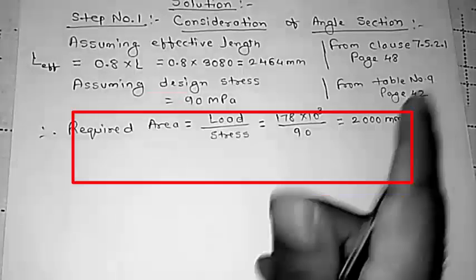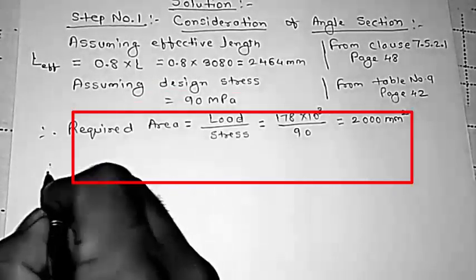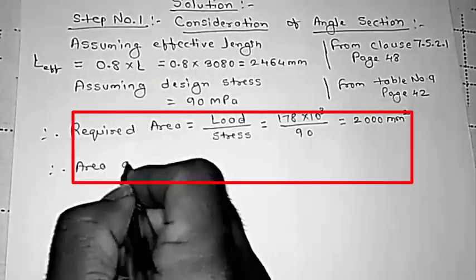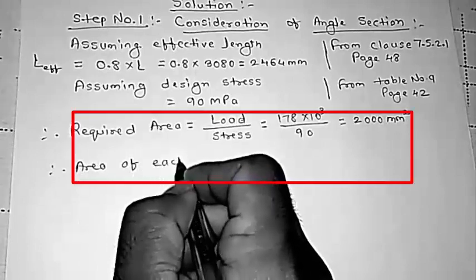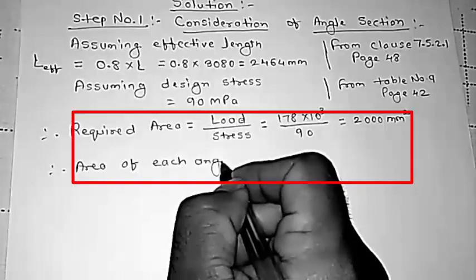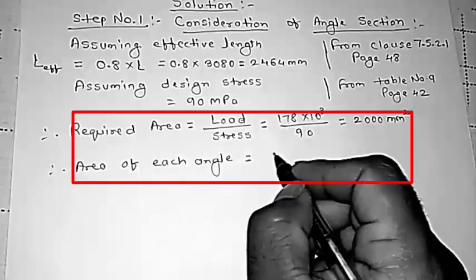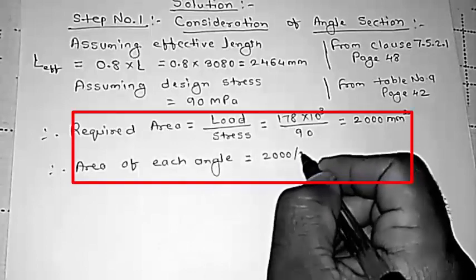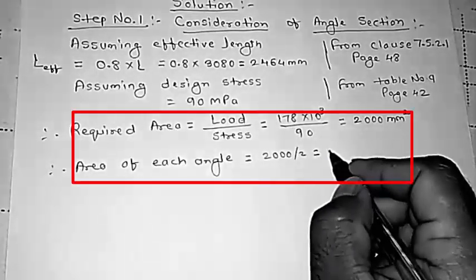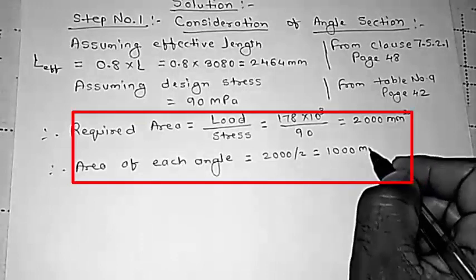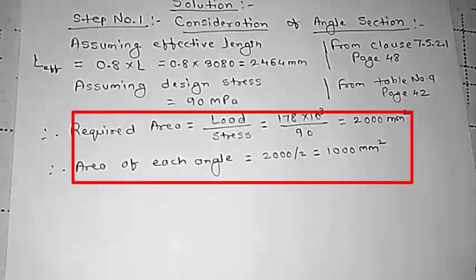So if you just consider the area of each angle, therefore area of each angle would be equal to half of that. So that is 1000 mm square.